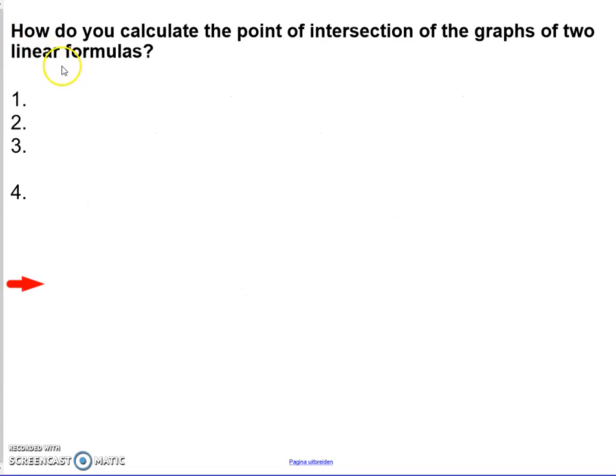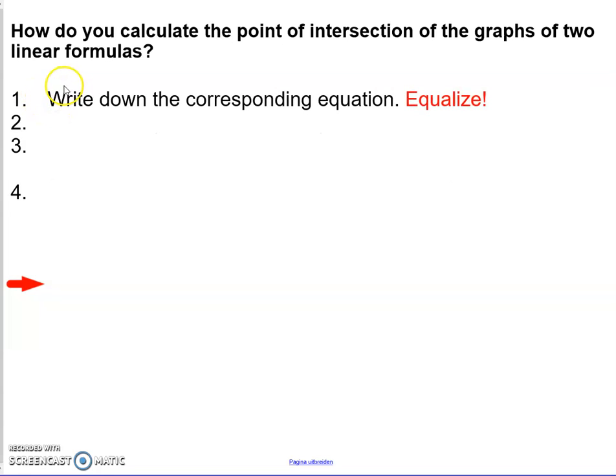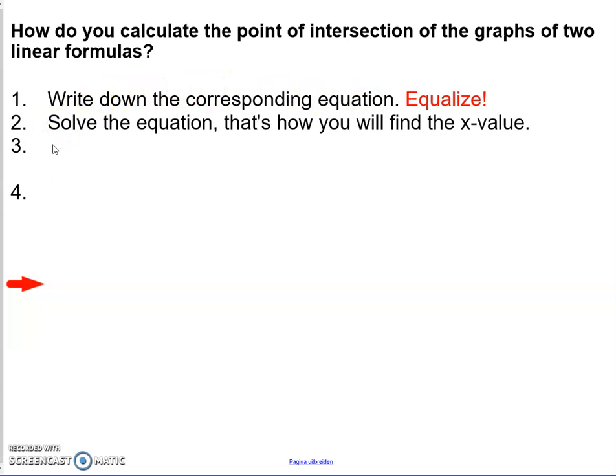Well, first let us look at all the steps you need to do to calculate the coordinates of the point of intersection. Step 1, we already talked about this. Write down the corresponding equation. In other words, we have to equalize. Step 2, we solve the equation, and that's how you will find the x value.